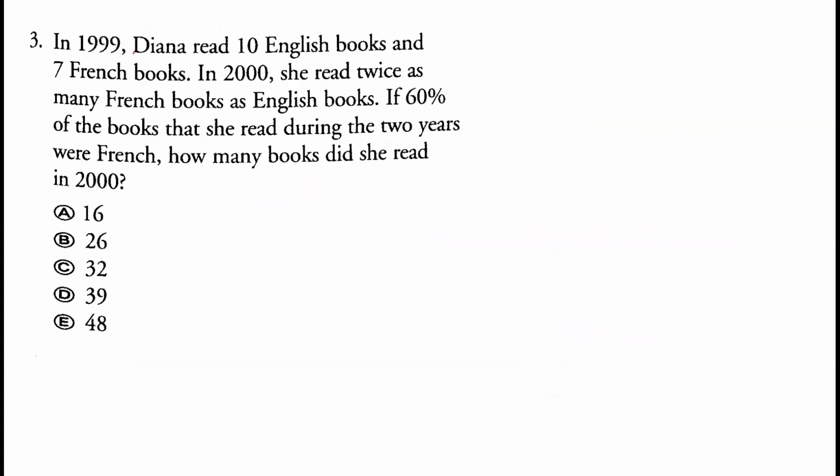Now in 1999, Diana reads 10 English books and 7 French books. And in 2000, she reads twice as many French books as English books. Let's suppose she reads x English books, so she would be reading 2x French books.